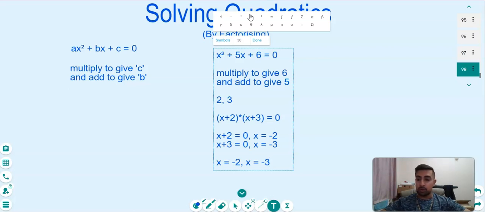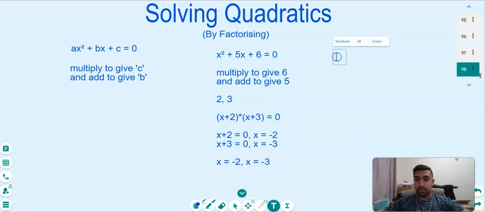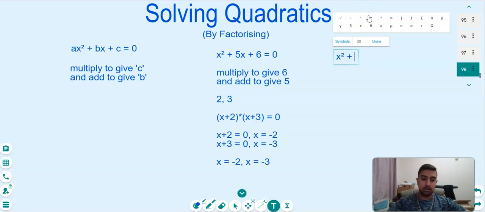So that was one example, and the numbers in that question were quite nice. Now let's take a look at another example where the numbers are a little bit harder. So let's say we have another quadratic, and actually hold on, let's make this harder.